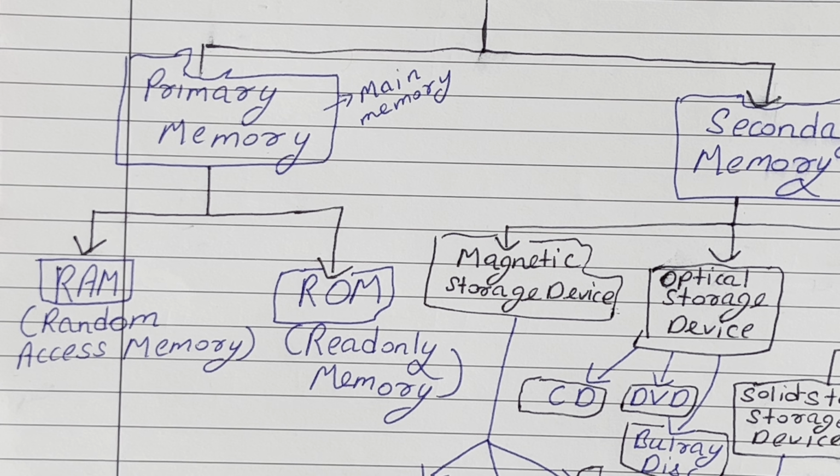It also supports multitasking, which means the user can perform multiple tasks at the same time. A user can edit a document, play a video, or browse the internet at the same time. It also improves the user experience. So these are some points that explain why we need RAM.